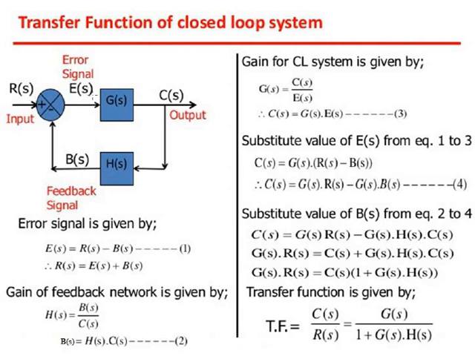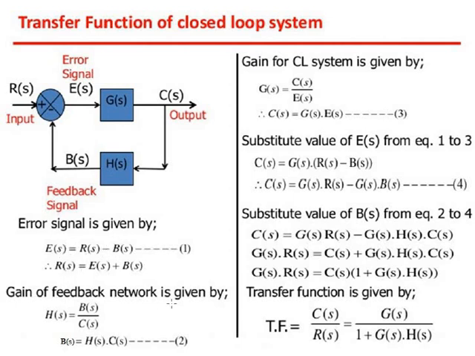From this block diagram we can say that the error signal E(s) is equal to R(s) minus B(s). So we can write R(s) is equal to E(s) plus B(s).